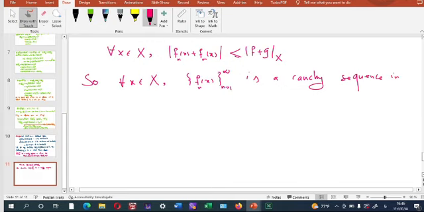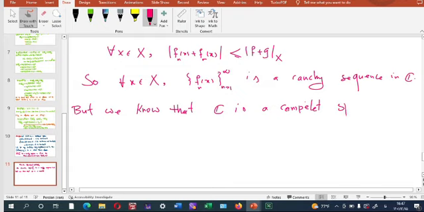In complex numbers, but we know that C is a complete space.